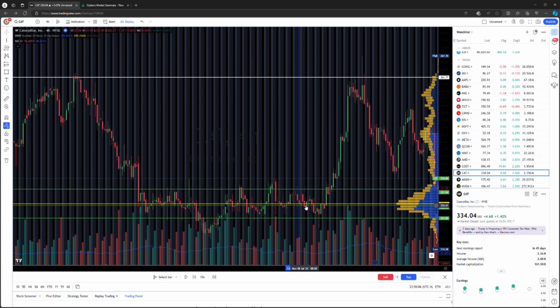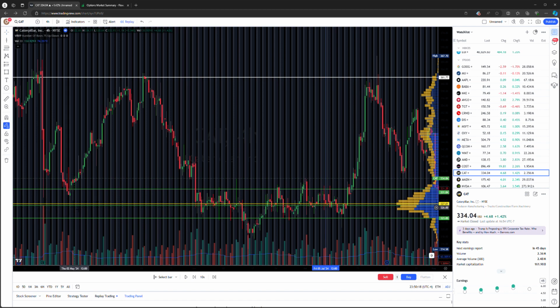But if you understand where you are in the cycle of the stock, maybe you take a paper cut. Maybe you took an initial entry over here when it came back to retest and it swept this low, right? And you didn't buy enough time and the trade didn't work.